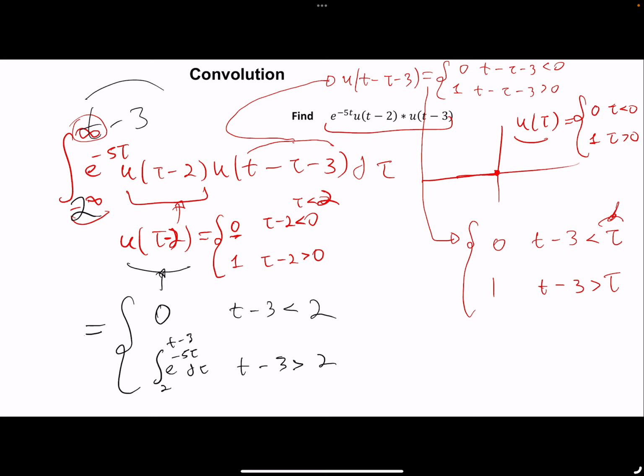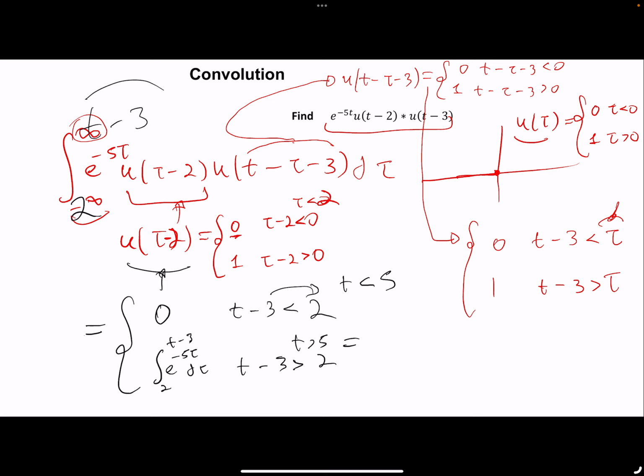Are there any questions at this point? Okay, now I can rewrite this in shorthand. I can move this to the other side, so I'm going to have t less than 5, t greater than 5.